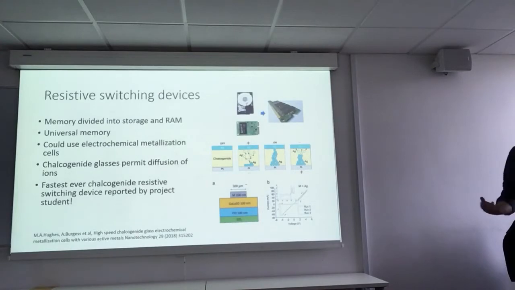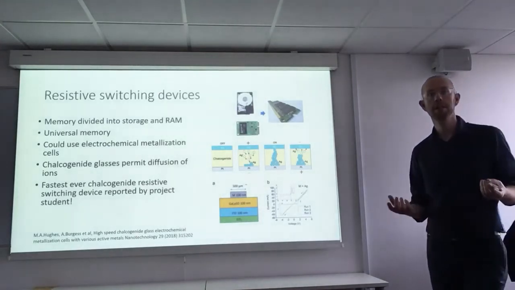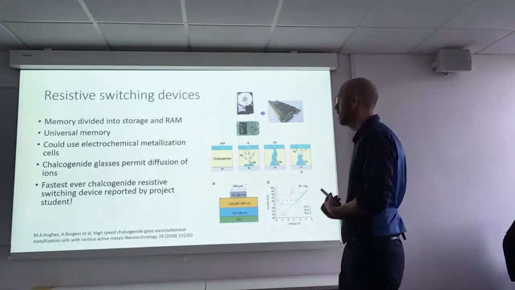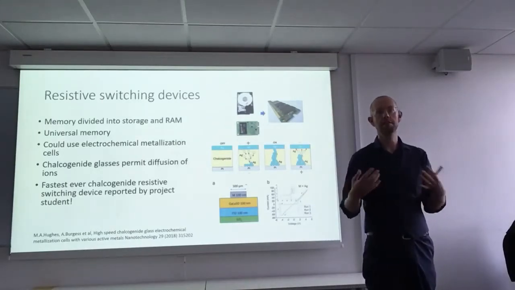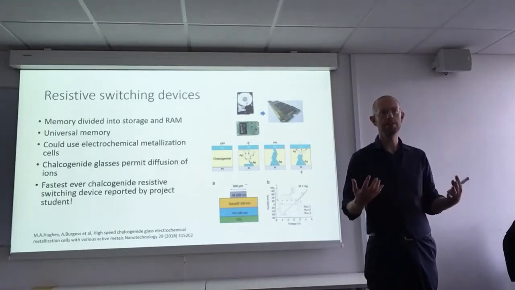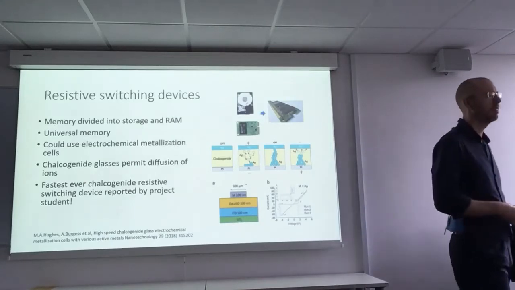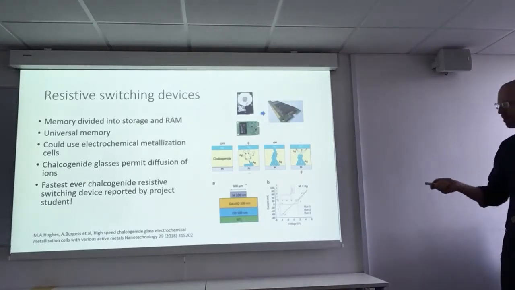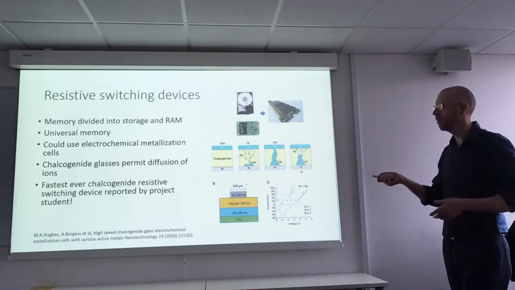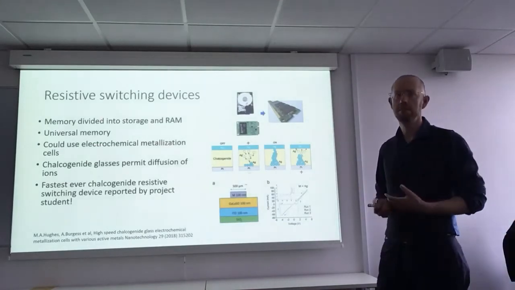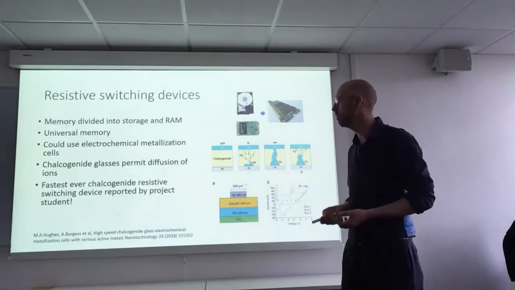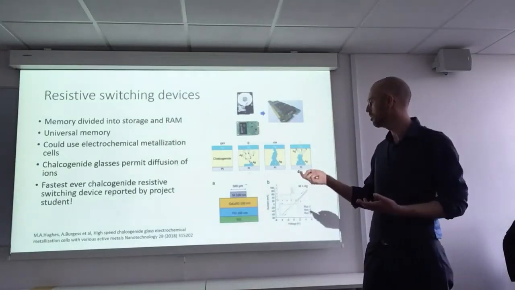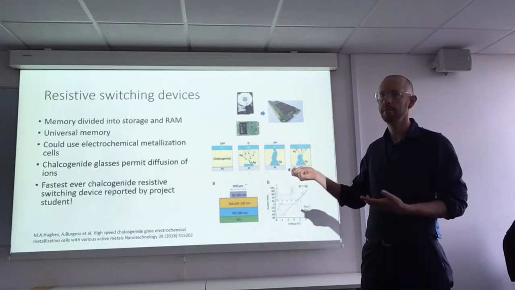Another thing I look at is resistive switching devices. These are devices that can change their resistance, and they're useful as memory devices. So memory in computers, basically ever since computers were invented, has been divided into storage and RAM.